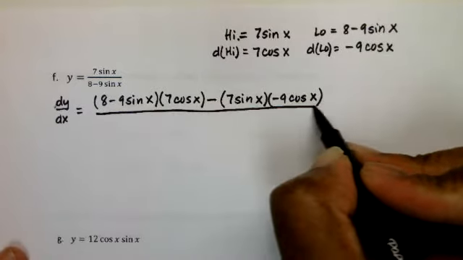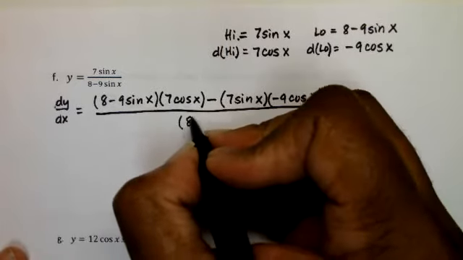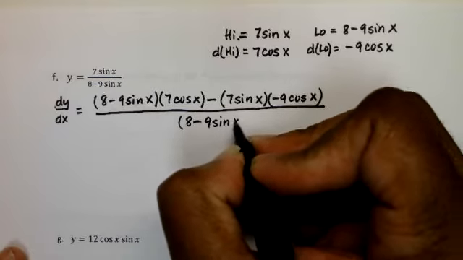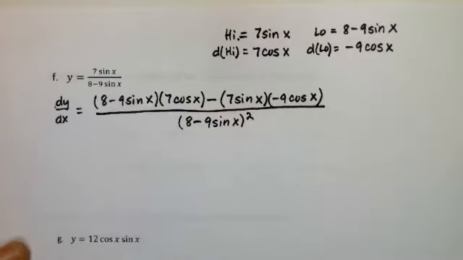Now this whole thing will be divided by the square of the low. That's your 8 minus 9 sine of x, this quantity is squared.